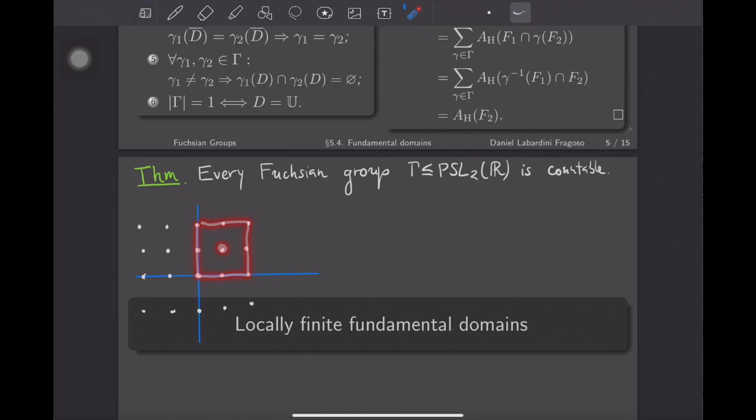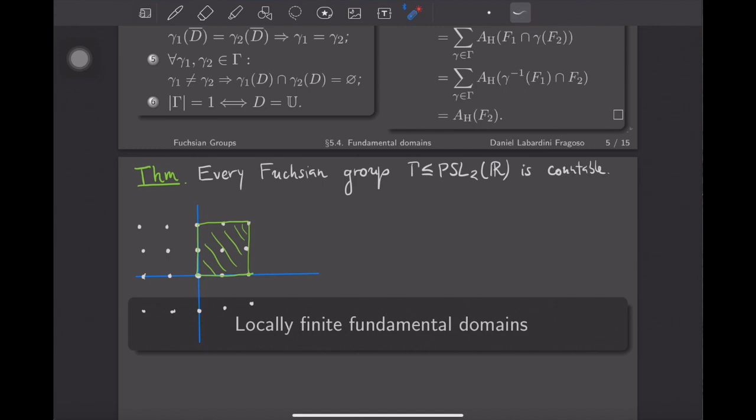So around each of them, it's just the closed square. So it's compact, and you know that you have something that doesn't accumulate at all.